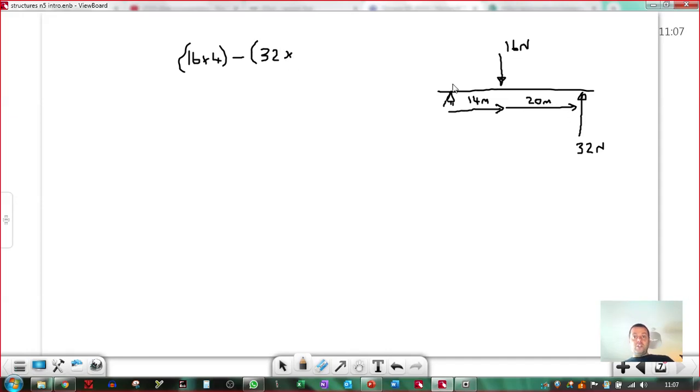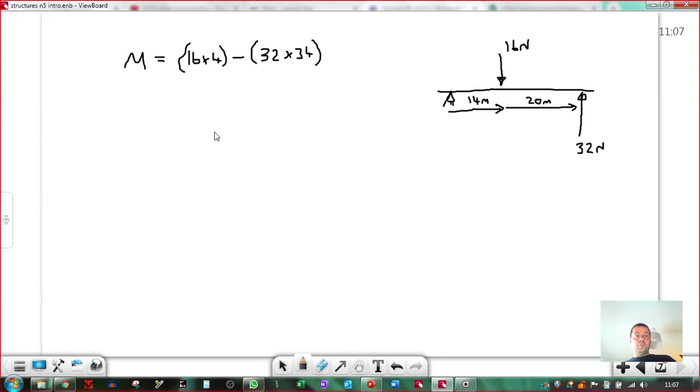Remember, it's the distance to the centre of rotation, so it will be 20 plus 14, 34. This will give us the total moment because they're going in different directions. We're going to have to work out the clockwise moment and subtract from it the anti-clockwise moment. Anti-clockwise moments are getting negative signs in this case, and clockwise moments are getting positive signs.